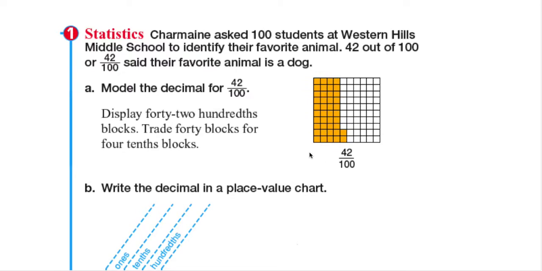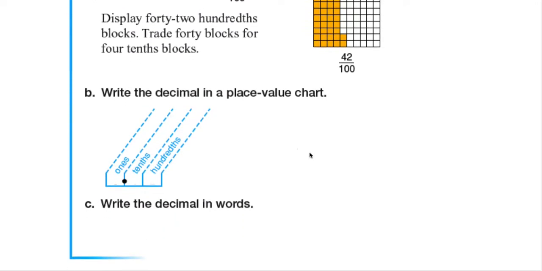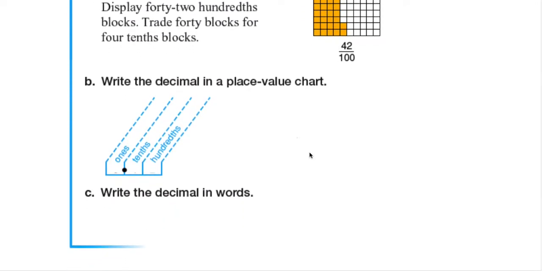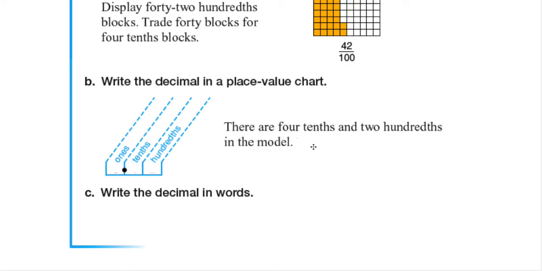If we want to write this in the place value chart, there are 4 tenths and 2 hundredths in the model. So we write 4 in the tenths place, right there, and this is a 0 because the ones place is 0.